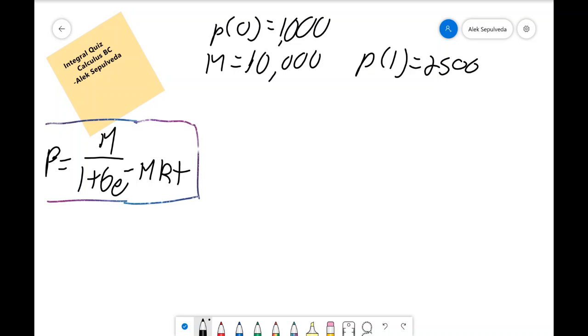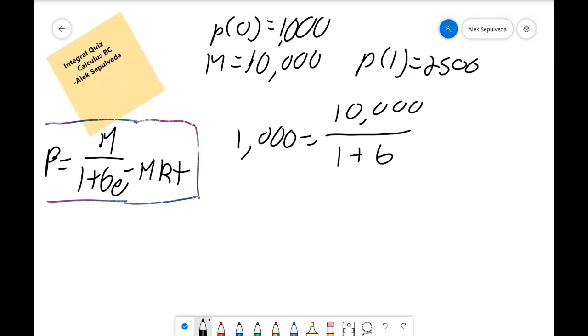So 1,000 is equal to 10,000 all over 1 plus b.